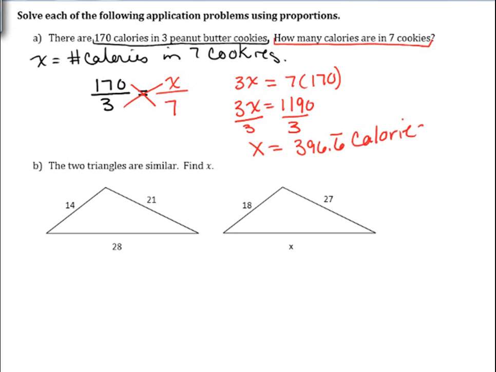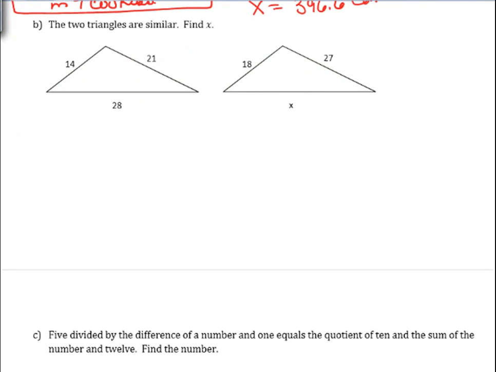Don't forget to always label your units on things. And then with word problems, we're always going to want to answer them with a sentence. So there are 396.6 calories in 7 cookies.